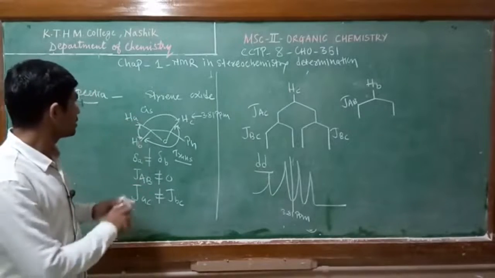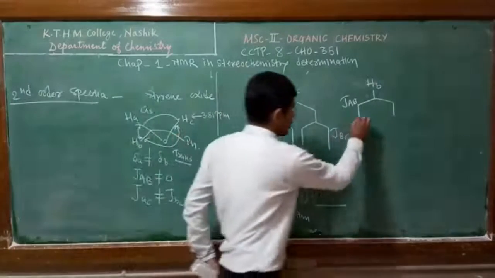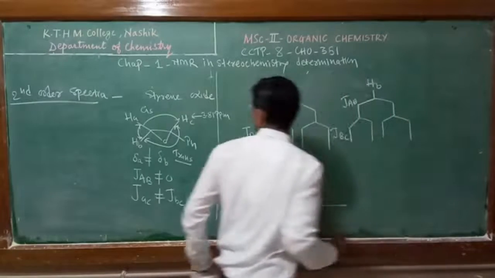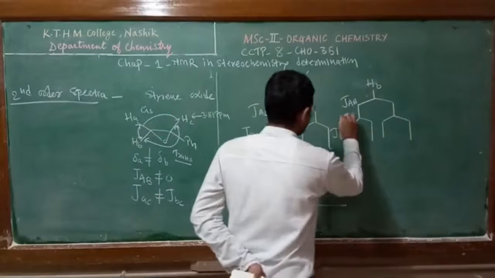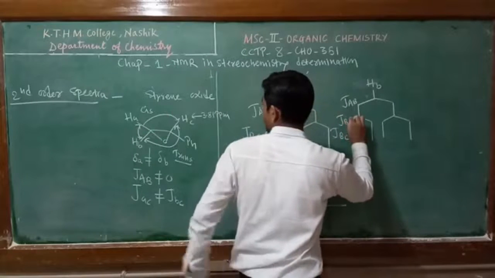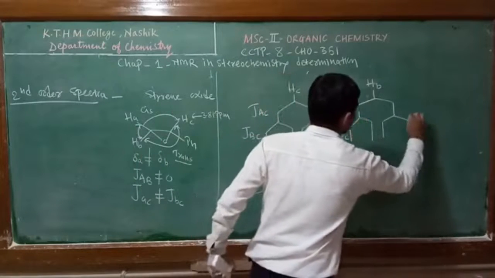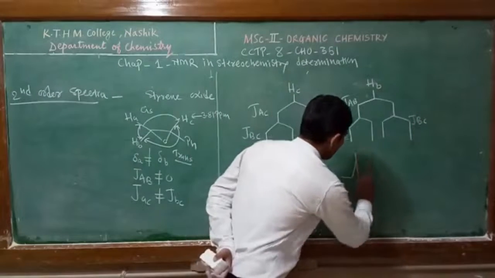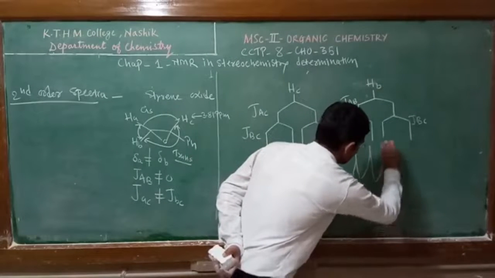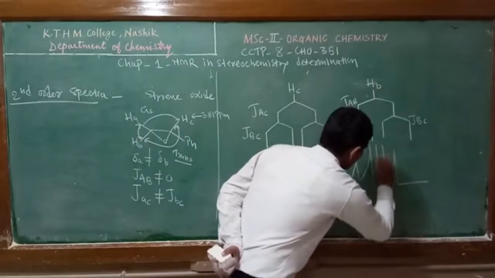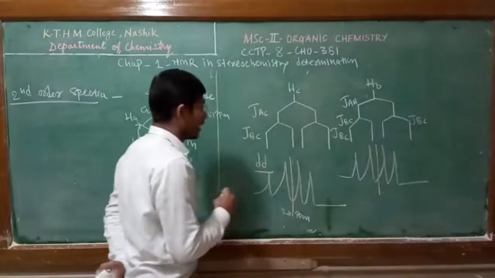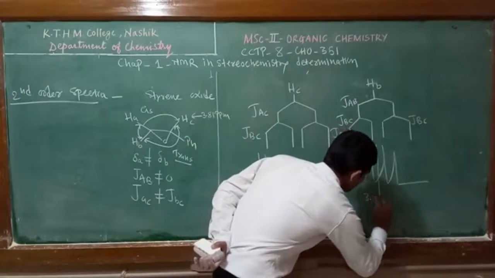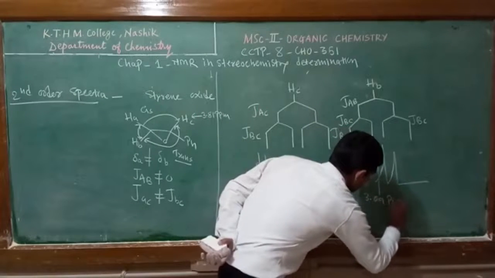Again, each doublet is split by the proton C. So we get a doublet here, again we get a doublet here. The second splitting is nothing but JBC. So we again get 4 peaks here, and they are observed at the chemical shift value of 3.09 ppm.